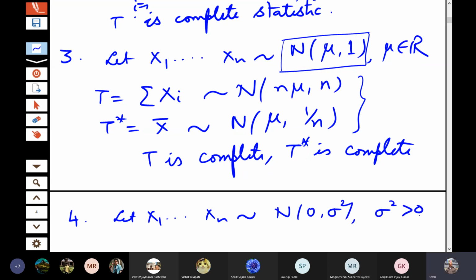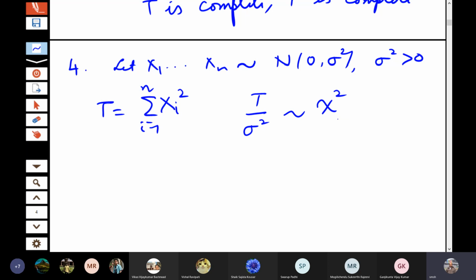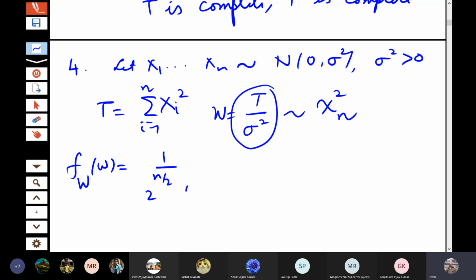Just now I proved that this family is complete. Let us look at a statistic which will appear naturally, that is, the sufficient statistic sigma xi square. In this case, we know that T by sigma square follows a chi-square distribution on n degrees of freedom. So you can write down the distribution of this: f(w) is 1 by 2 to the power n by 2 gamma n by 2, e to the power minus w by 2, w to the power n by 2 minus 1.